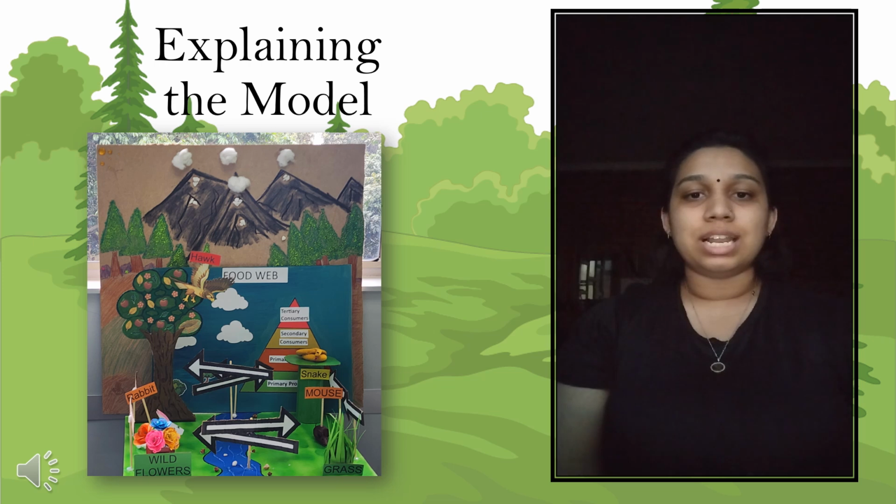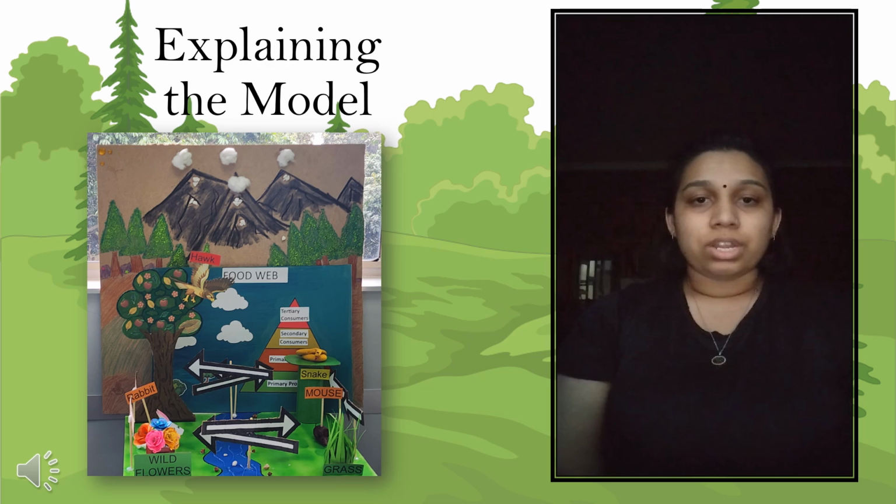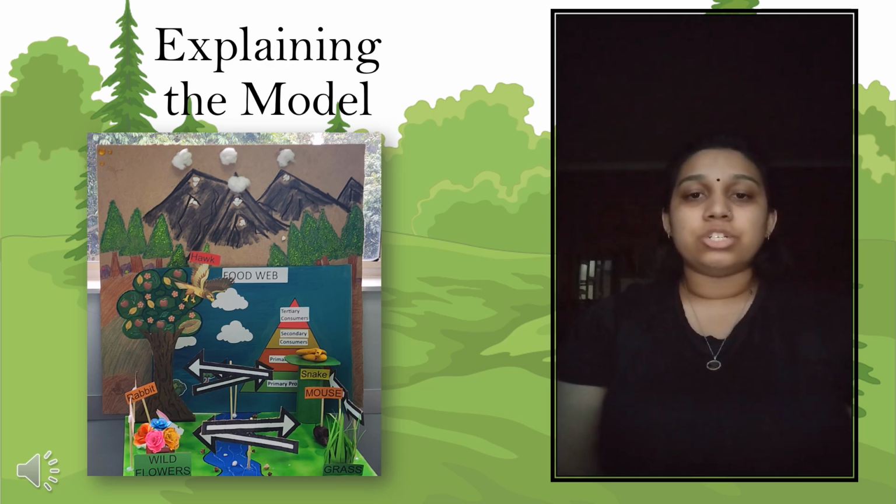A food chain is a linear sequence that shows how energy and nutrients are passed from one organism to another. Each level in a food chain represents a different role, or trophic level, in the ecosystem. What are primary, secondary, and tertiary consumers?